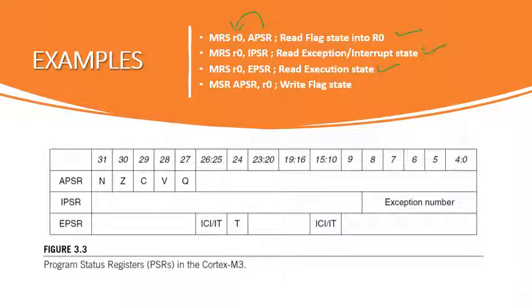Whereas if you consider the write operation, what happens? The contents of R0 or some other desired register can be stored or written into the APSR register. If you observe the arrangement of the three registers within 32 bits, bits 31 to 27 are meant for APSR.